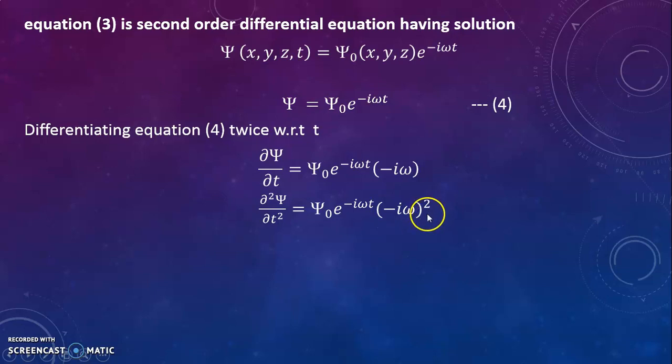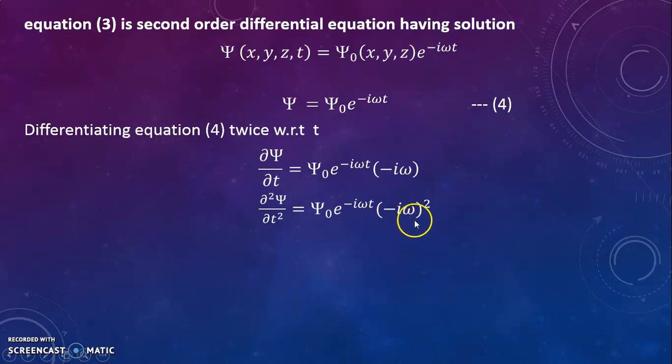Now when we are taking its square, the negative signs get cancelled. Then what remains is i square into omega square, but we know the value of i square in complex form is minus 1.